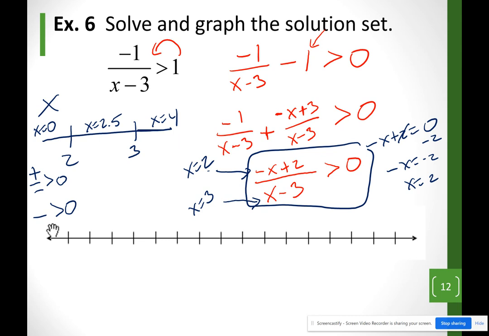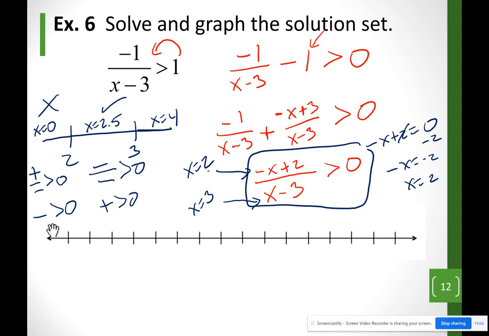Now let's take a look at 2.5. Negative 2.5 plus 2, that's a negative. 2.5 minus 3, that's a negative. Negative divided by negative, is that more than 0? I know negative divided by negative is positive. Is positive more than 0? Yes.